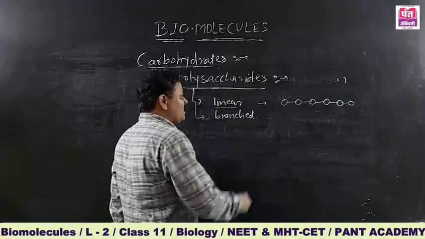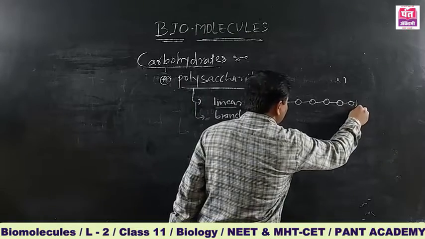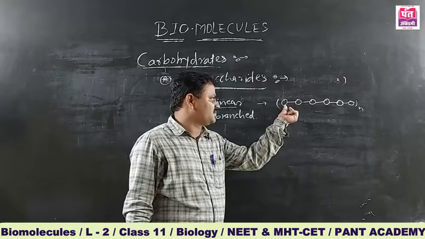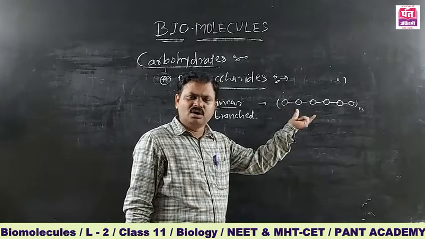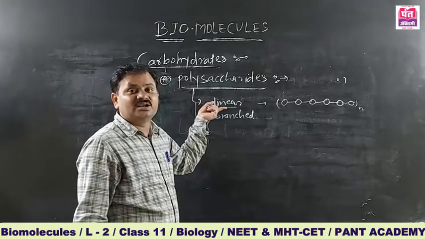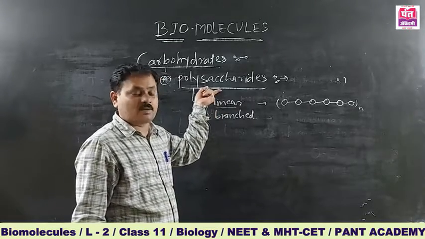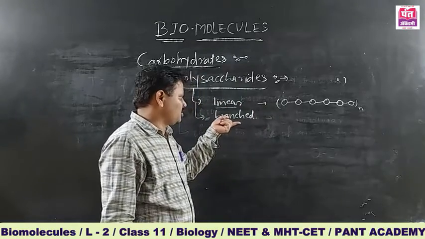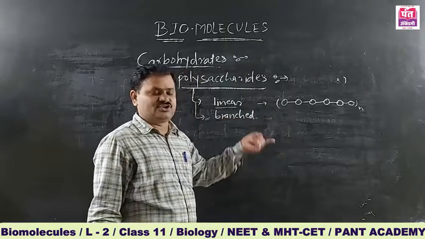So n number can be there. Repetition may be of a single unit, repetition may be of two. Likewise, many different combinations may be present in the linear fashion. Polymerization can be linear or polymerization can be branched.